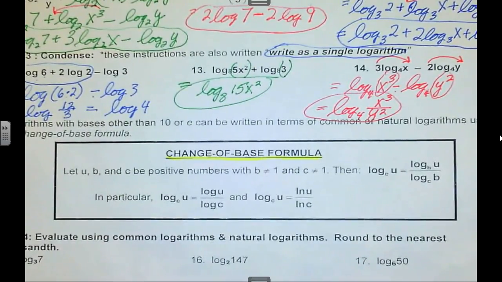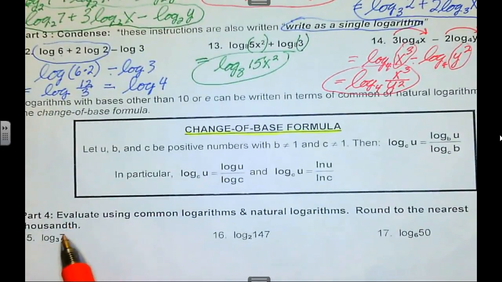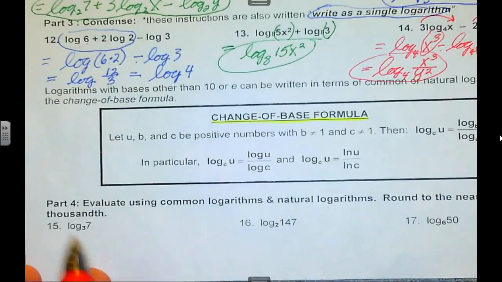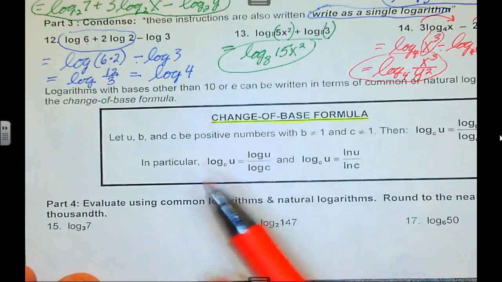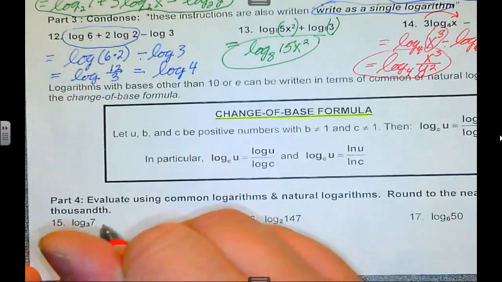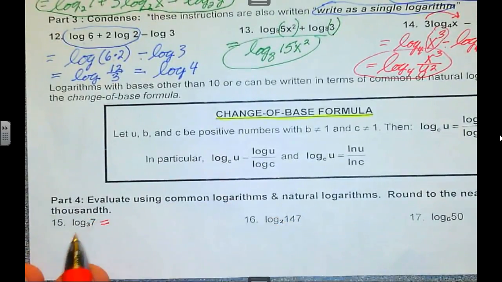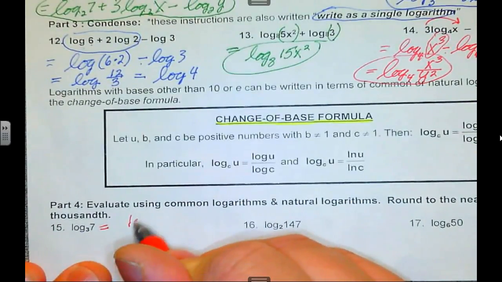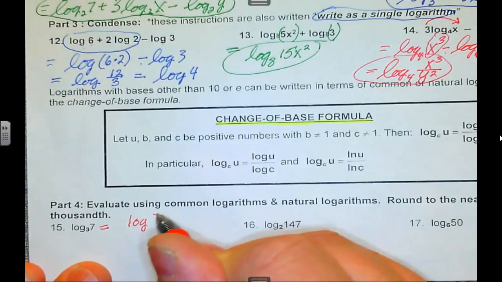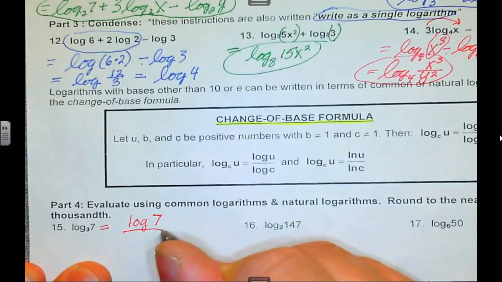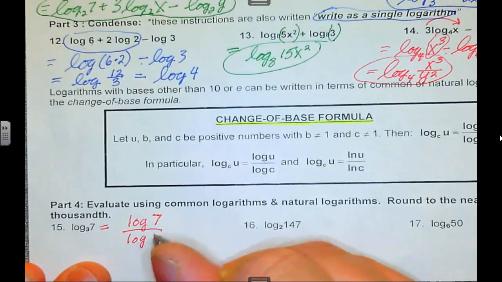So in other words, number 15, I can't evaluate this. The only way we knew how to evaluate this was to exponentiate, where we take a 3 and then cancel out the 3's. Now we can actually use our change of base formula. My common log of 7 goes on top, divided by the common log of 3.